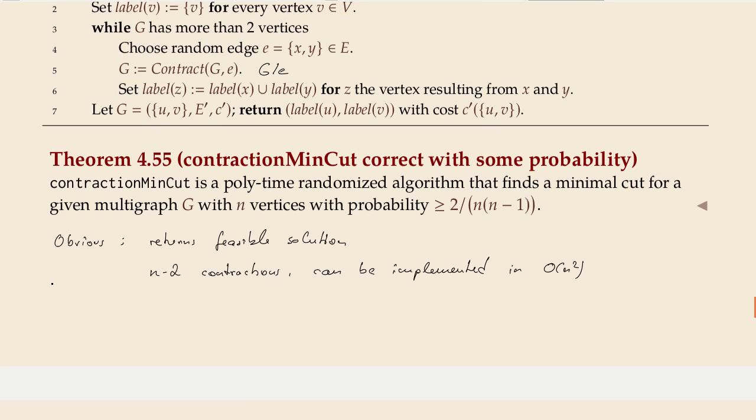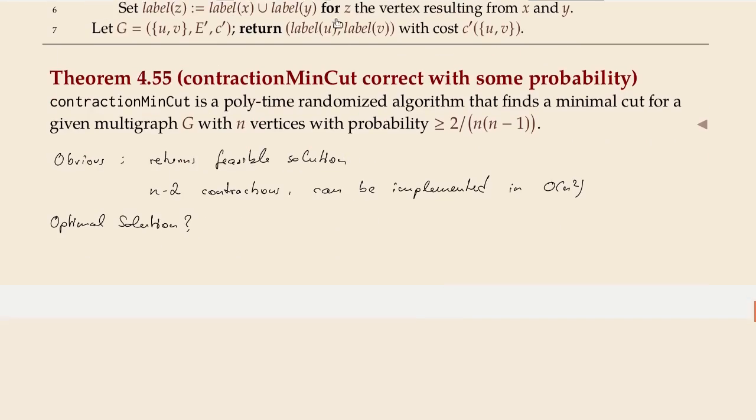Now the interesting part is when the optimal solution will be returned. And the important observation is whatever is returned is optimal if and only if no edge of the min cut was contracted.